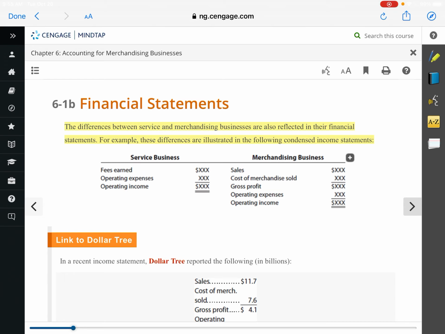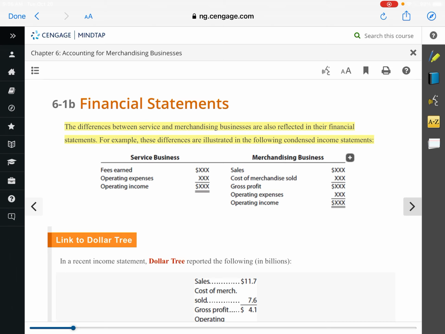Lower cost, up the sales price, one of those two. And then whatever inventory that we're left with at the end of the accounting period, that's obviously an asset that's going to be sitting on our balance sheet. Okay?